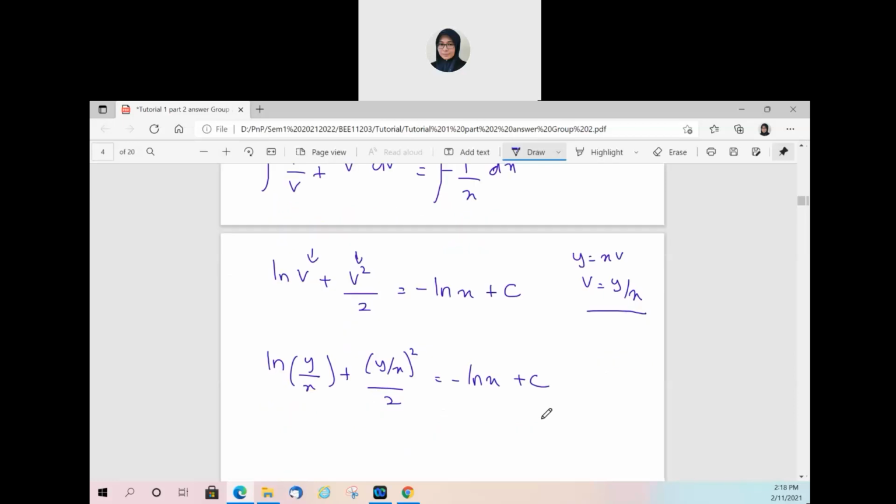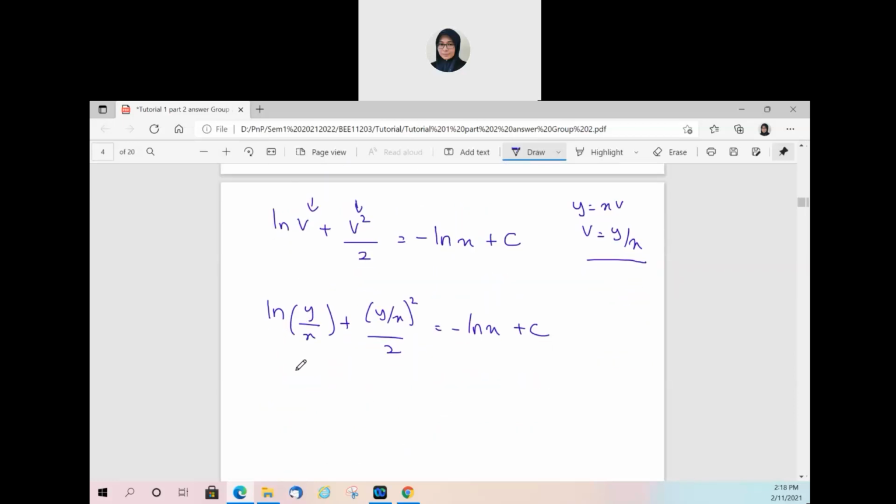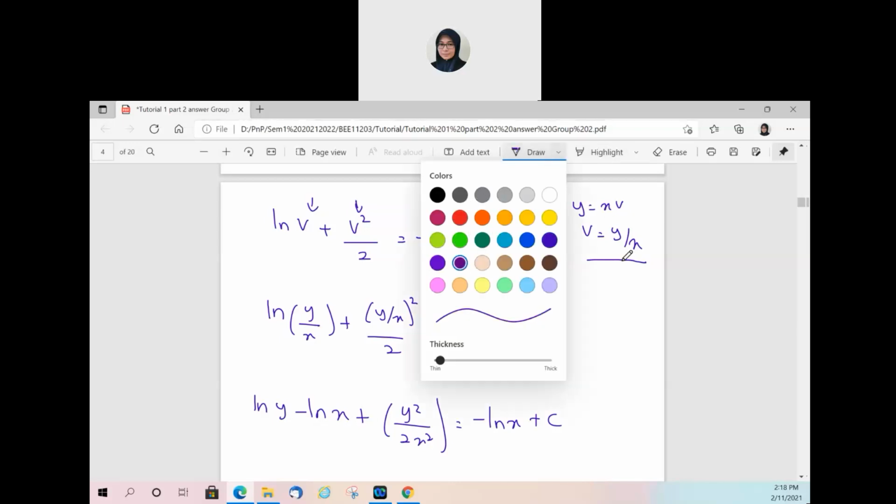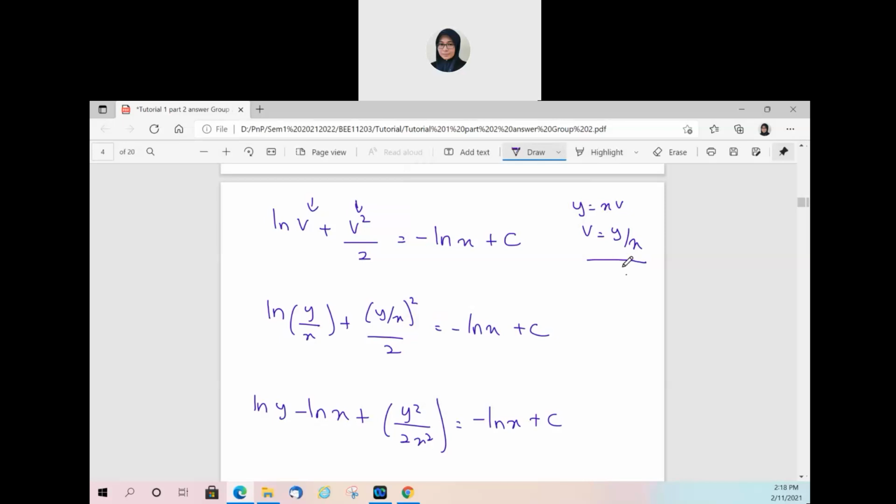Okay, so ln Y over X is actually ln Y minus ln X, plus Y squared over 2X squared equals to minus ln X plus C. Ln and logs: if you have ln xy, you will have ln x plus ln y.